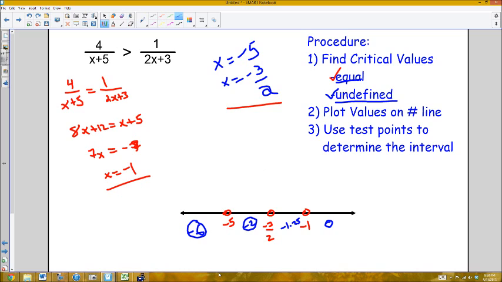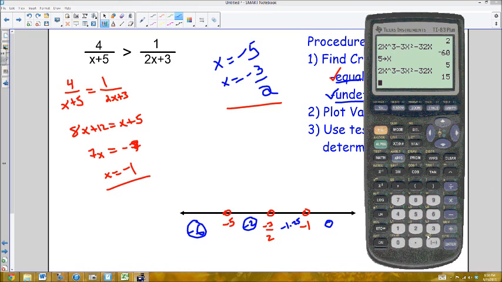So I'm going to do the same thing here. I'm going to take my first value, -6, store it as x, and hit enter. The only thing that's slightly different in this example is that I have x's on both sides, so I have to compute both of these. So I'm going to hit 4 divided by, and then that entire denominator, so I need parentheses, x plus 5, so that my calculator knows that everything, the x plus the 5, is all in the denominator.